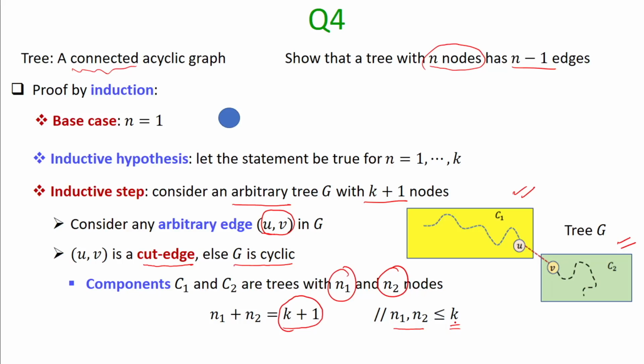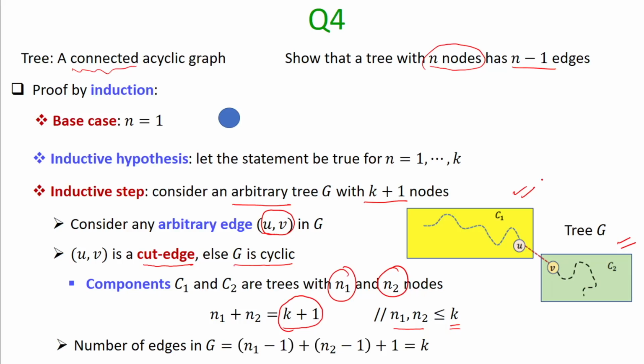So since n1 and n2 are less than or equal to k, and C1 is connected as well as C2 is connected, and I don't have any cycle in C1 and I don't have a cycle in C2, that means both C1 as well as C2 are individually trees with n1 and n2 nodes respectively.